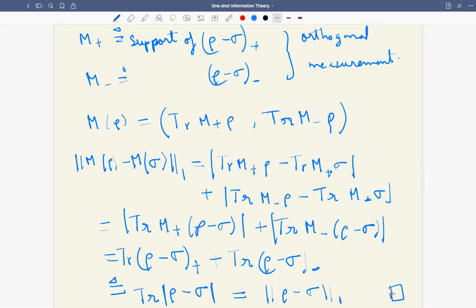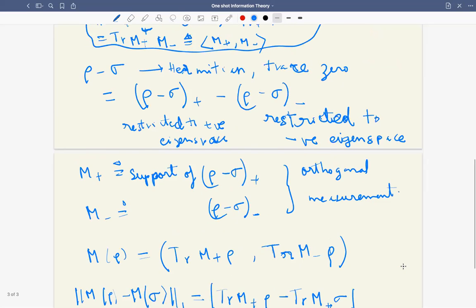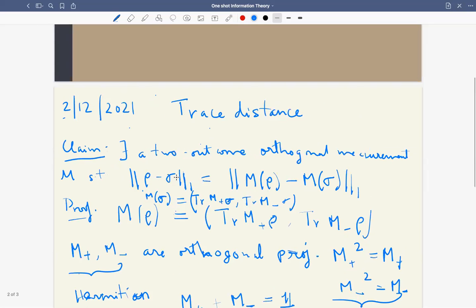So here is a two outcome measurement, which achieves the Schatten one norm, the Schatten one distance between rho and sigma. Okay. And in general, any measurement, non-orthogonal, orthogonal, any measurement gives rise to probability distributions, and the L1 distance between the probability distributions, we have argued, is less than or equal to the trace distance between the states.